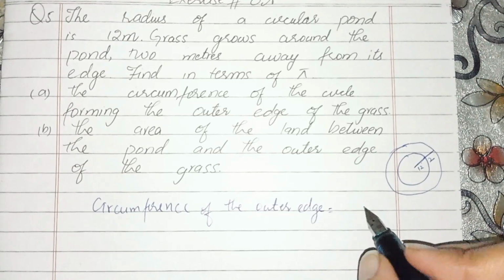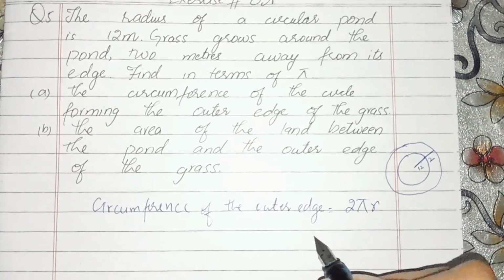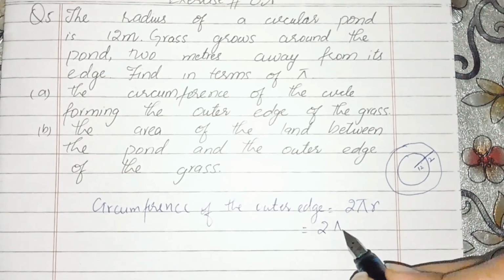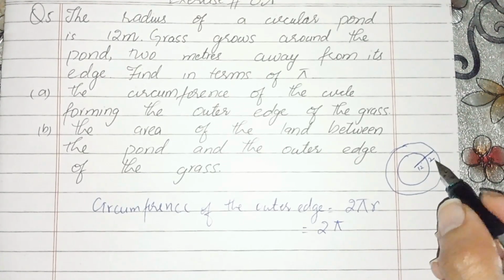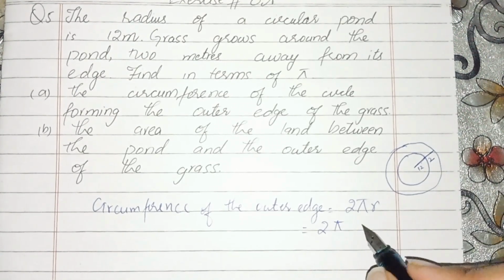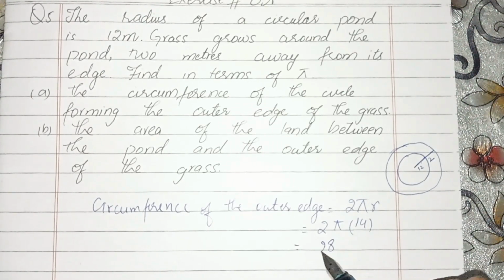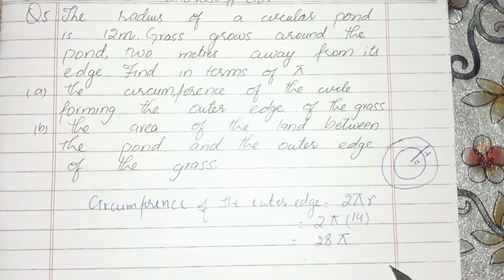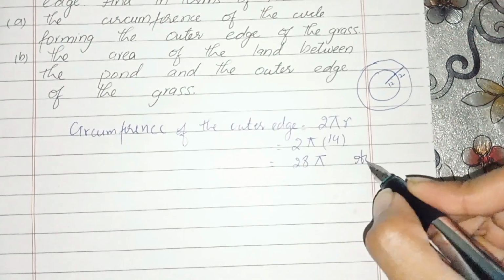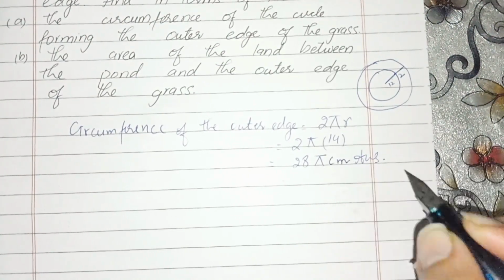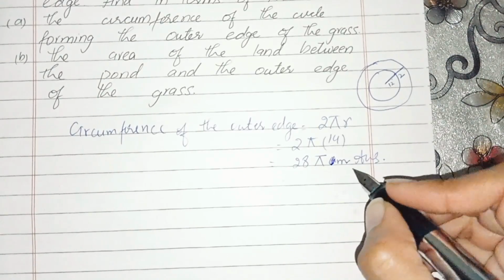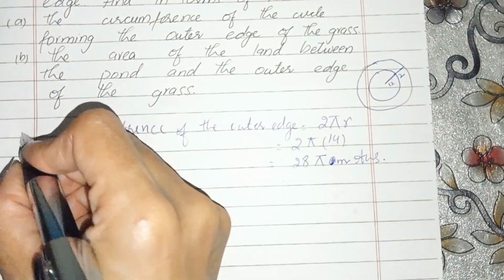You know that the formula of a circumference of a circle is 2 pi r. 2 pi and r, we have to add the value, that is 12 and 2, and r is 14. 28 pi. We have to find in terms of pi, and there is no need to solve it, and this is the answer of part number A.